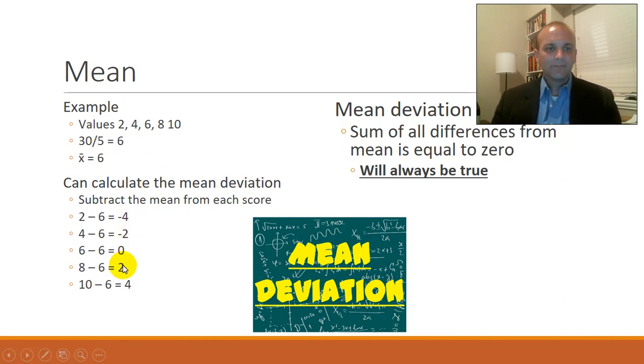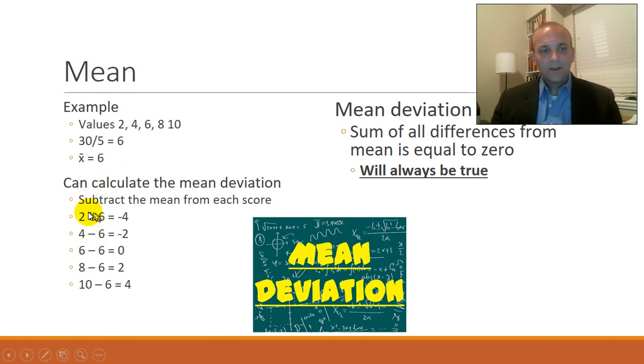All right, and you can do that by calculating the mean deviation scores of each value, which should all sum up to 0. So what do I mean by that? If you slow it down and think about it, the mean deviation is how far things deviate from that mean. The score here is 2, right?